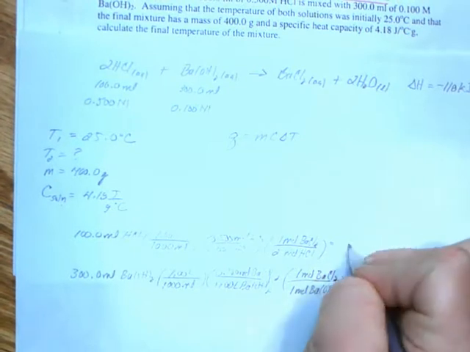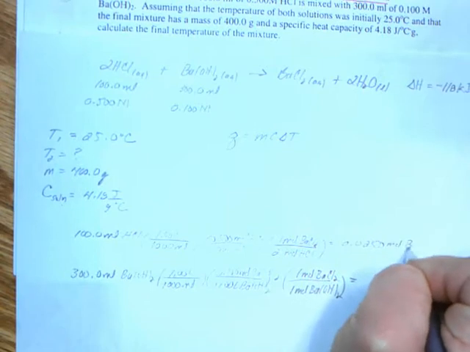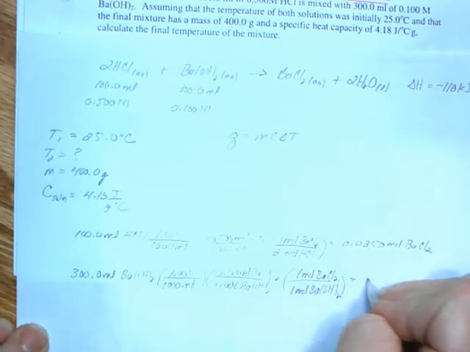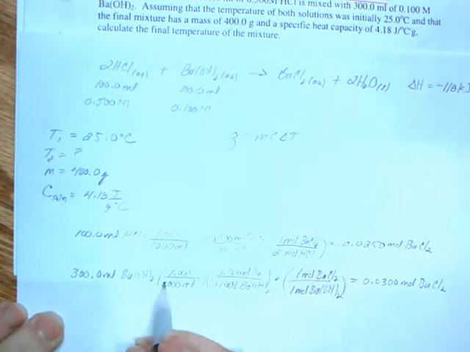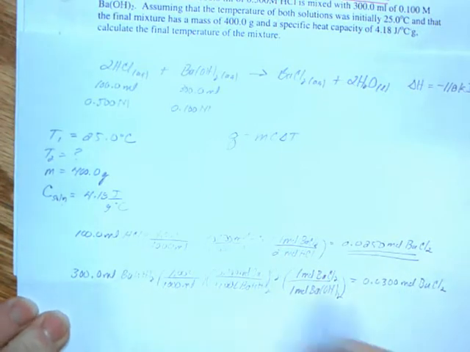So I get 0.0250 moles of barium chloride from that amount of my hydrochloric acid solution, and I get 0.0300 moles of barium chloride from the barium hydroxide. This is my smaller yield, this is my limiting reactant, so this is what will be actualized.